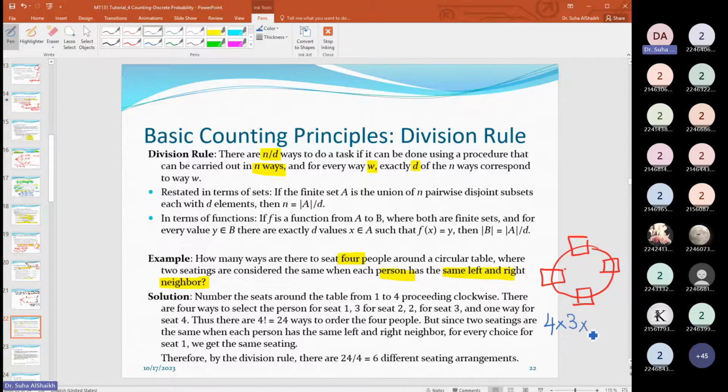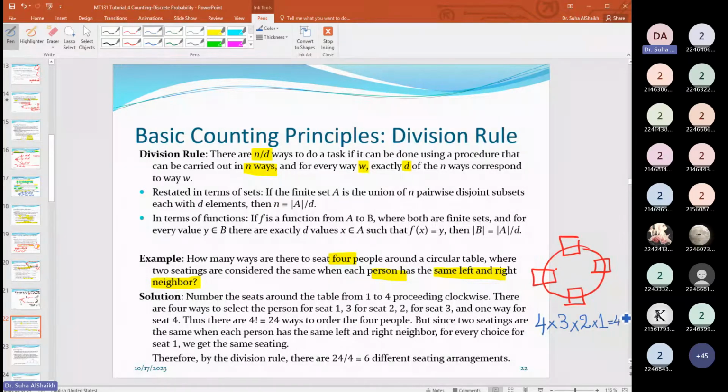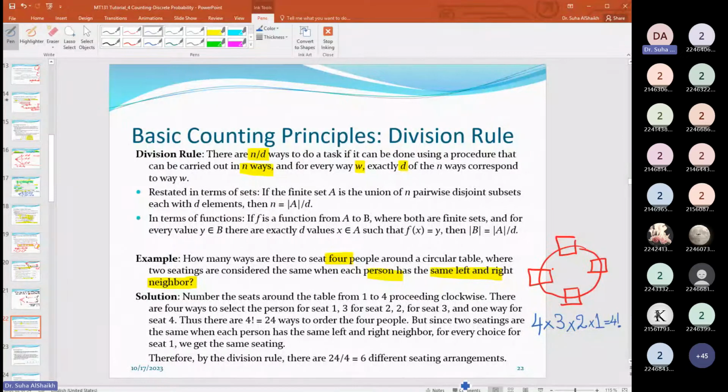And the one after, how many chairs remain? 2. The last one will have 1 way. This is what we call factorial 4, guys. Factorial 4 is a number you can find in your calculator. When I say 4 times 3 times 2 times 1, this is factorial 4. For example, with 5, I say 5 times 4 times 3 times 2 times 1, this is factorial 5. So this is factorial 4.